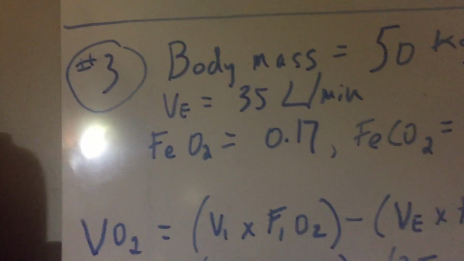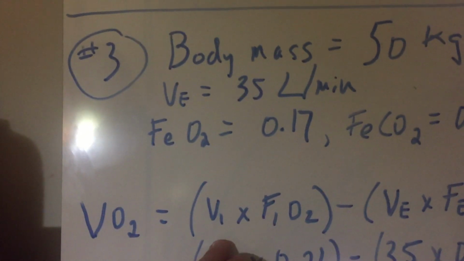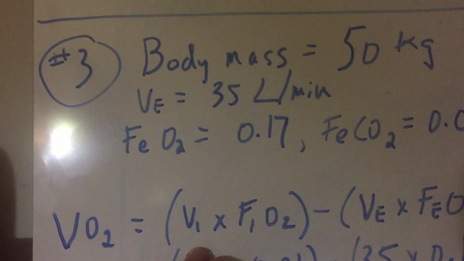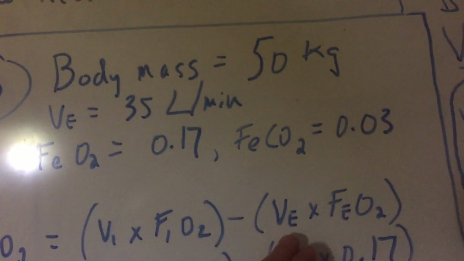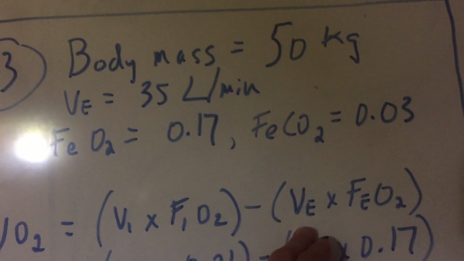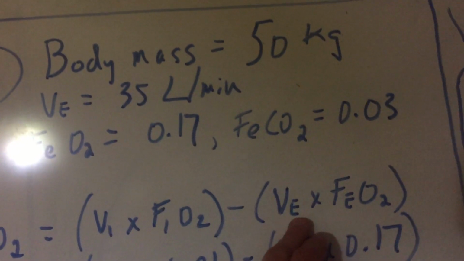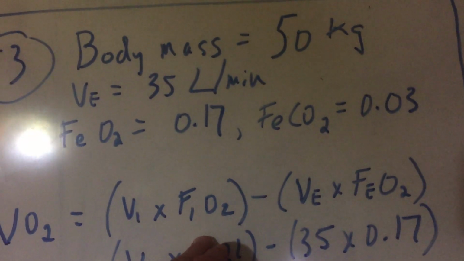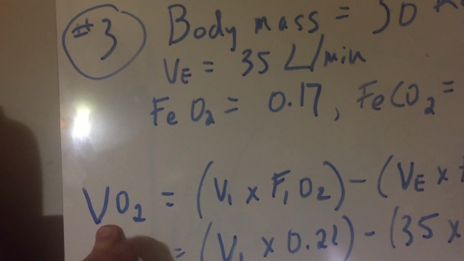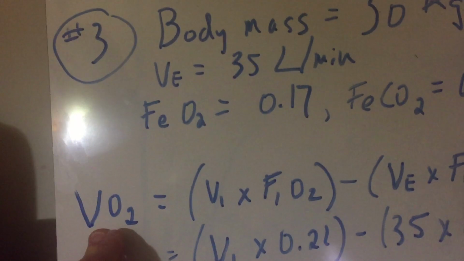So this side of the equation gives you the volume of oxygen that you've taken in, that you've inspired, and this side of the equation gives you the volume of oxygen that you've expired. The difference between the two is the amount that you've consumed in your body, and that's what VO2 refers to, your oxygen consumption.